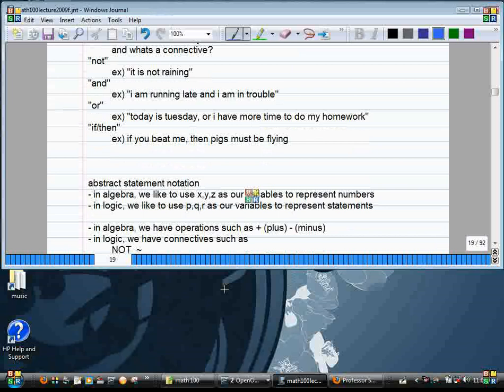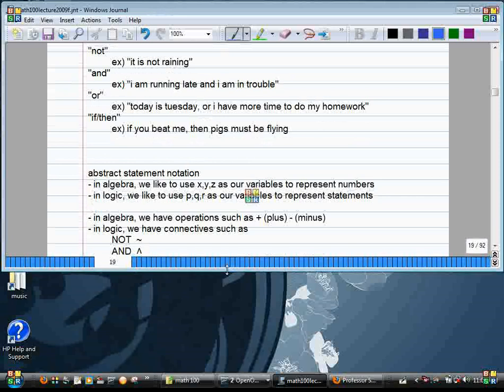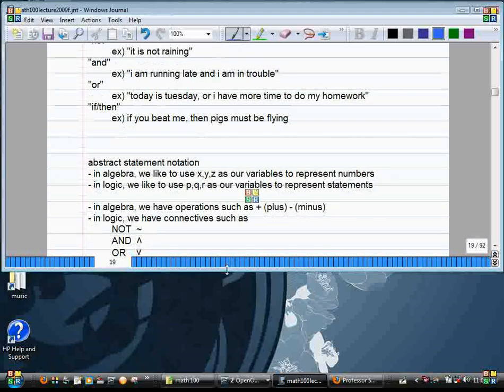For and, it's this little symbol which we call caret. Because of carrot top. For or, it's a downward pointing caret. And if then is an arrow.